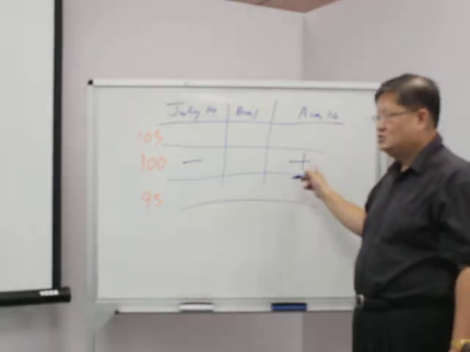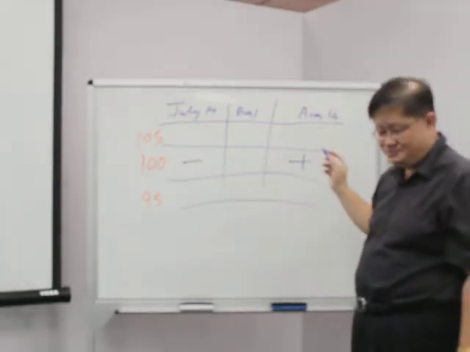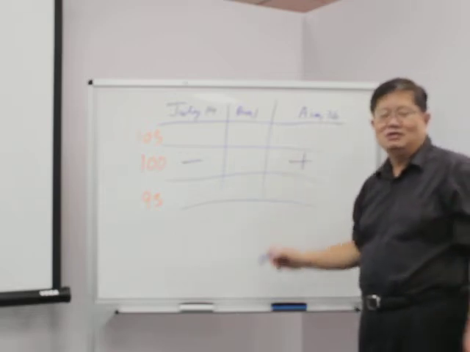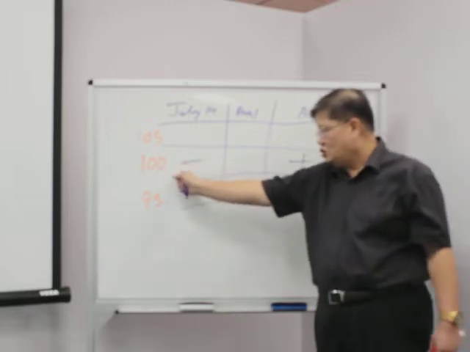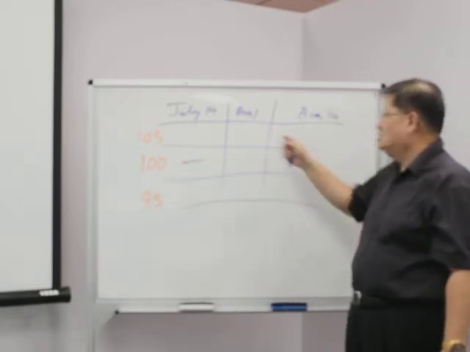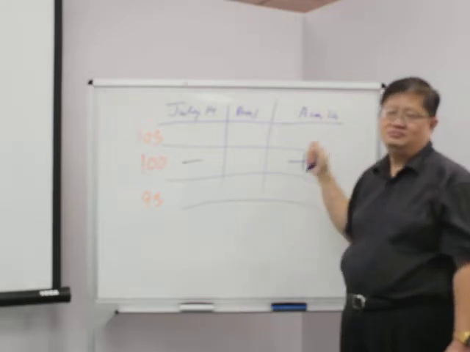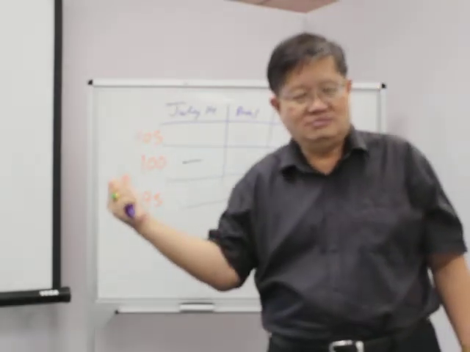This is what we call a calendar. Sorry, I'm getting old, I'm very tired also. So long, short, 100: short July, long August, September, December. Basically, we sell short term and we buy long term.